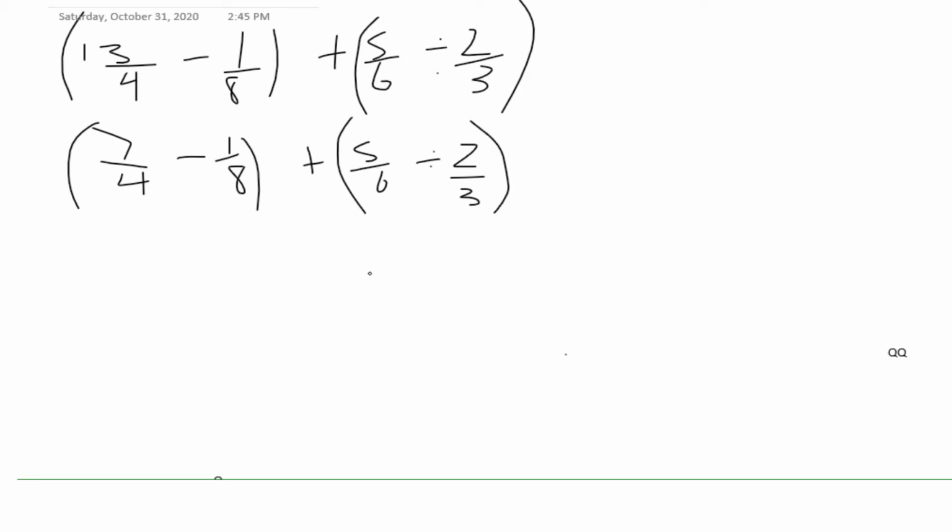And then the next thing we're going to do, we need to find the LCM of this bracket. So that will be 8. So 4 into 8 goes 2.